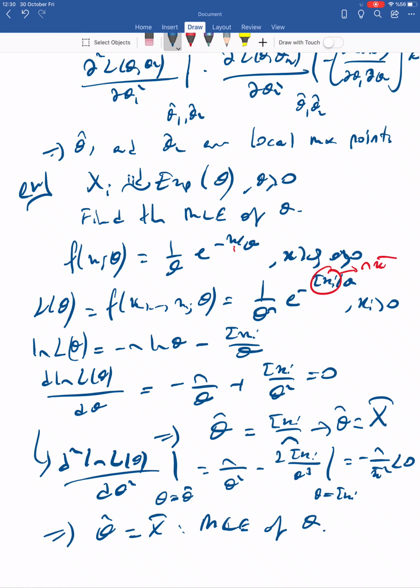So instead of theta, I can use x bar. It maximizes the likelihood function for the given sample.